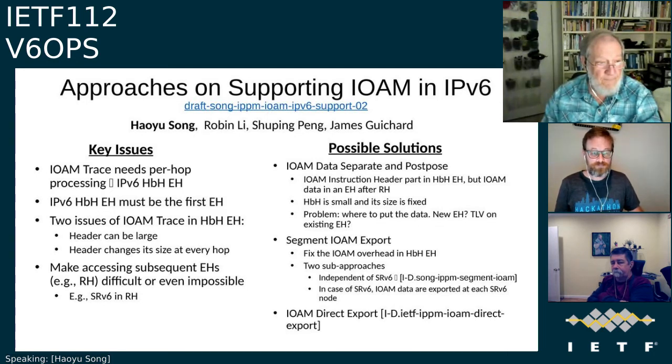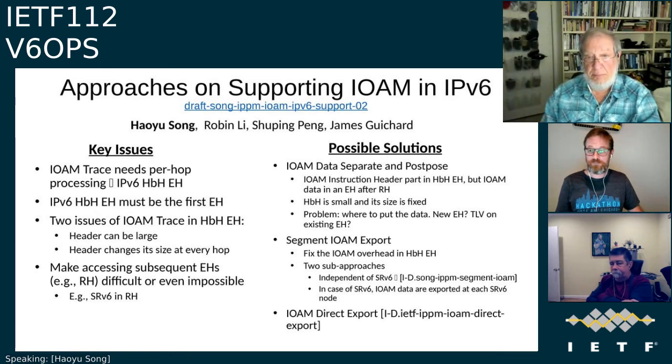But the issue with this solution is that we need to determine where to actually put the data. Do we really need to design a new extension header for that, or put it in some TLVs on some other existing extension headers? The second solution is we can use a concept called segment IOAM export.